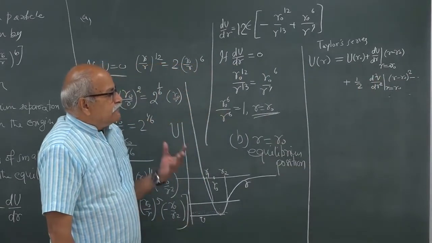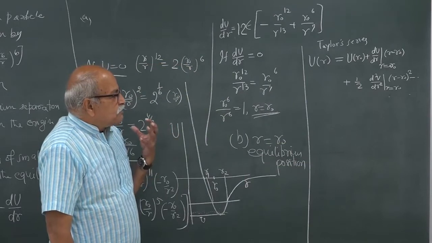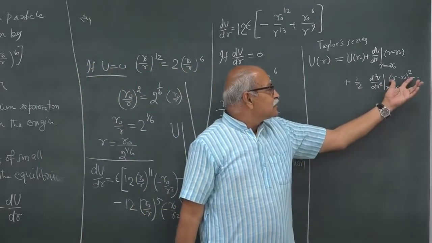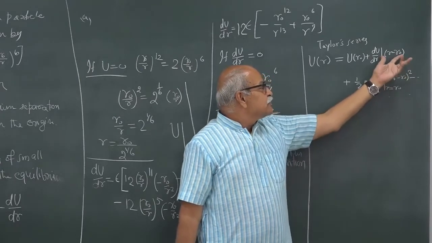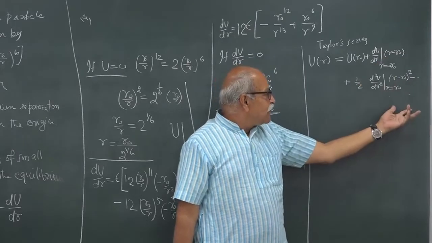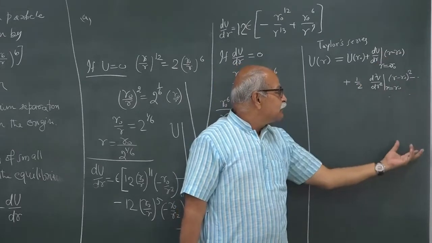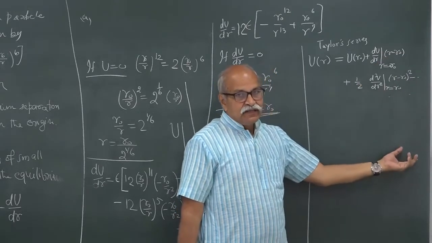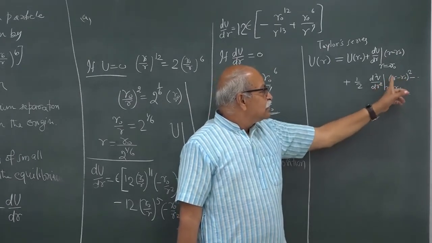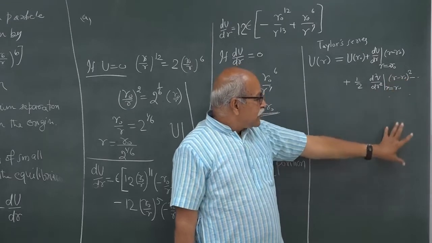And if r is very close to r naught, perhaps you would like to neglect this r minus r naught square term in comparison to the r minus r naught term here. You do have r minus r naught cube terms and 4th power and 5th power, but if this separation is small, if this quantity is small, then you can neglect higher order terms.